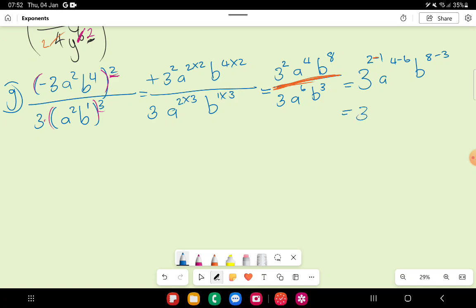That becomes 3 to the power of 1. I'm not going to write anything there. A to the minus 2, b^5, which becomes 3b^5 over a squared. That's my final answer.